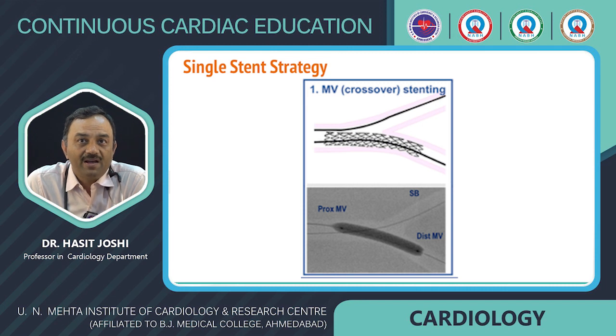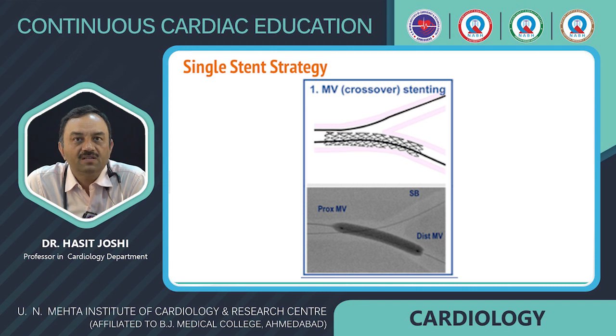strategy. Wire both the main and side vessel branches. Stent the main vessel, crossover stenting from the side branch, with at least 8 millimeter in the proximal main vessel.